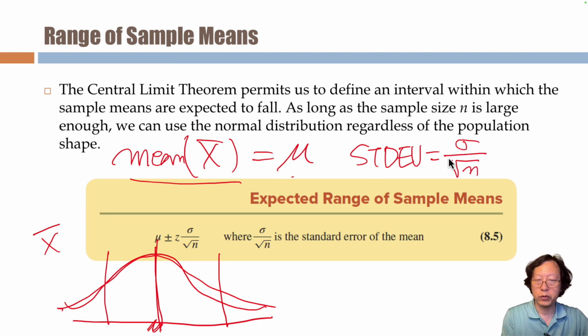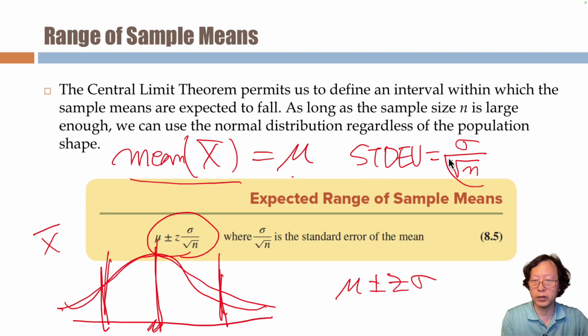So if you want to give some range here, you can use the same way, which is the mean plus minus z sigma. But here sigma is the standard deviation of x bar. So if you just replace it, this will be mu plus minus z times sigma over square root of n.